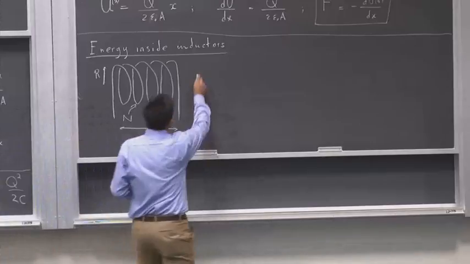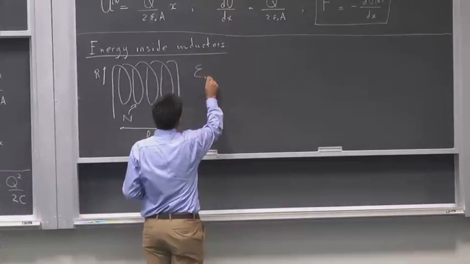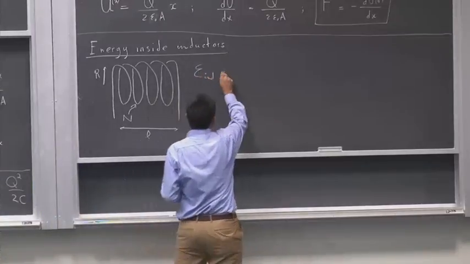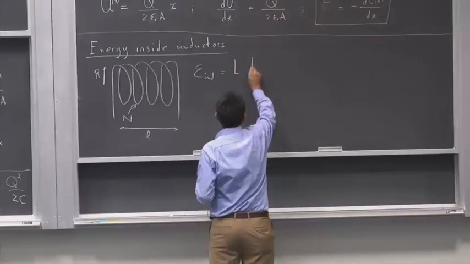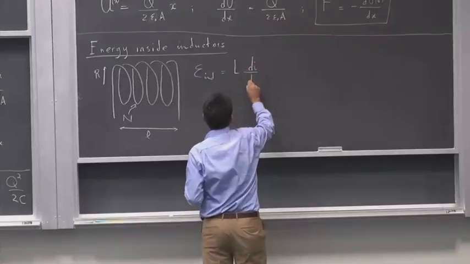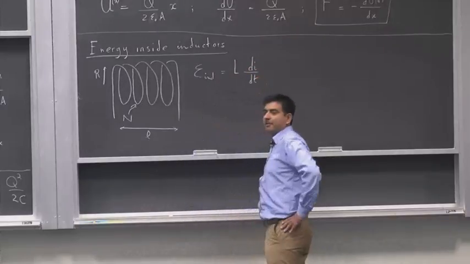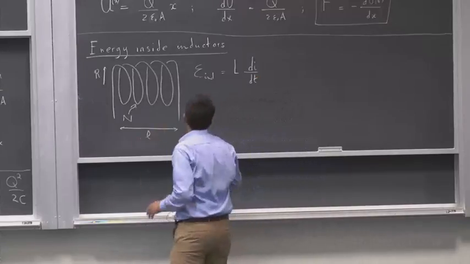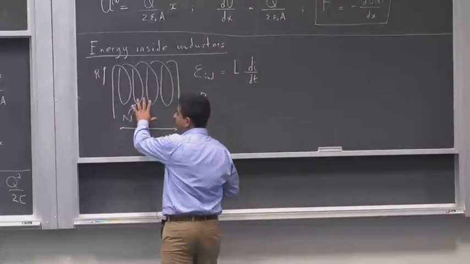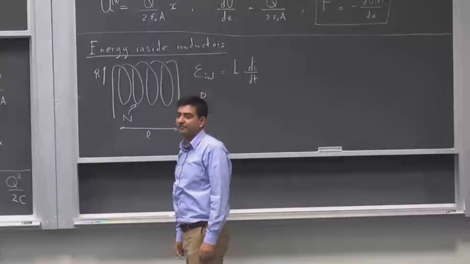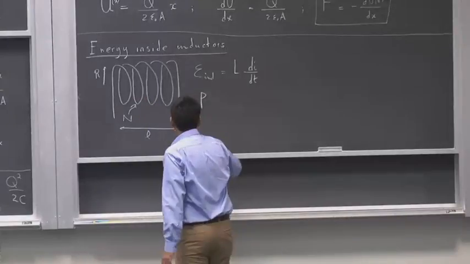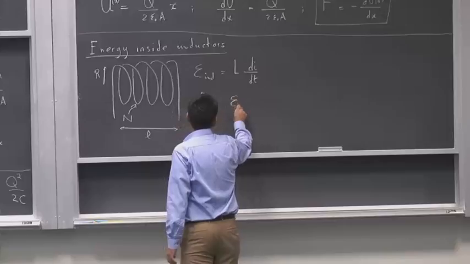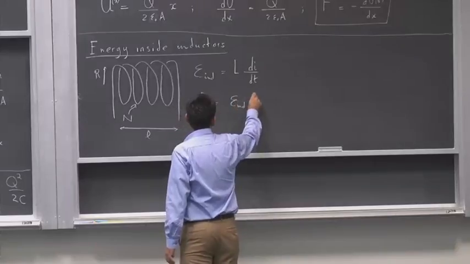That self-induced EMF is given by L di/dt. I know that. So the power that is delivered to this inductor would be given by the induced EMF times the current.